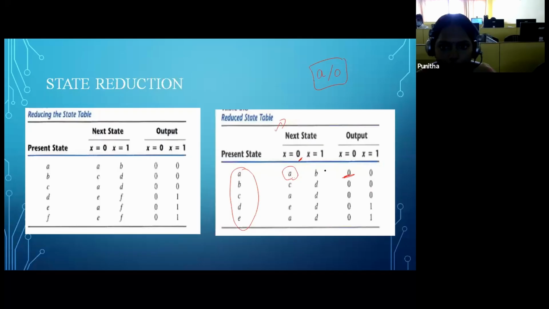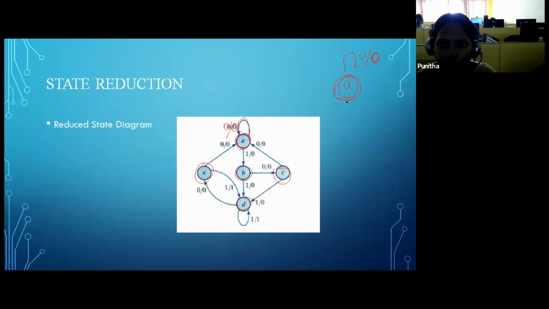Next I'm applying 1 for the same state A. The output will be 0 and the next state is B. Then I'm applying 1: the next state will be B and the output will be 0.